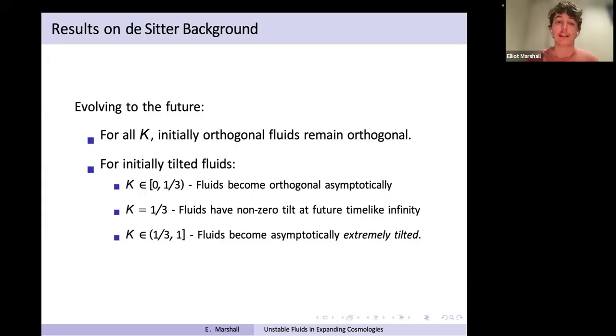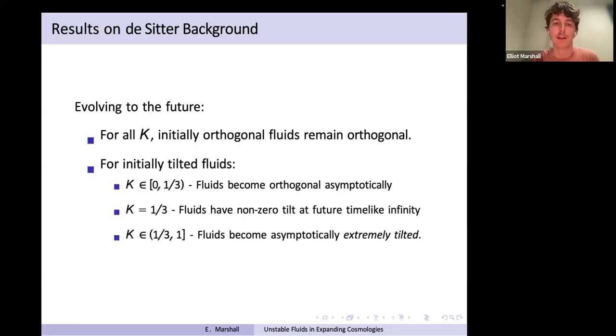On the other hand, for k larger than 1/3, we get a very different type of behavior, what's called asymptotic extreme tilt. This is where the fluid approaches a null vector at future timelike infinity, and the components of the fluid velocity become unbounded as we approach future timelike infinity.